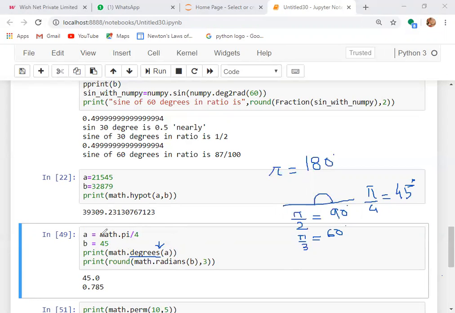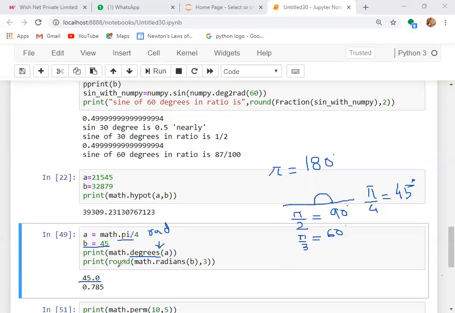So print it, this is radian. So you are using math.degrees on A, which means convert this radian into degree. So my output is 45, and B is 45, so it is actually in degrees.